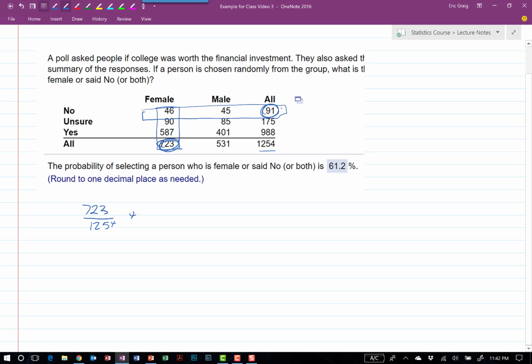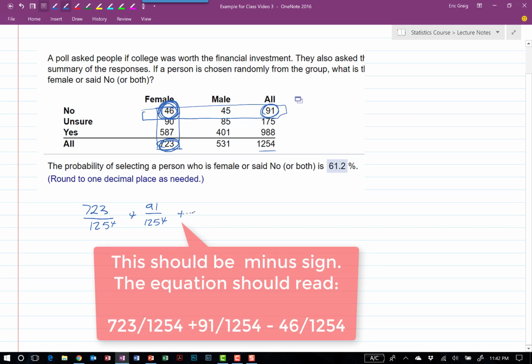They total to 91. So let's add in the 91. But you'll see here we have an intersection between no's and females. So we have to subtract that. Otherwise we count it first in females and then again in the no group, and we don't want to count it twice to get the correct answer.